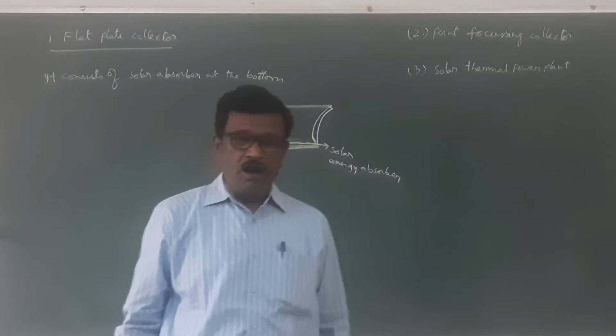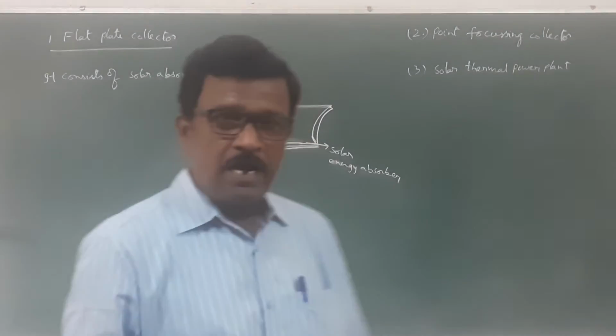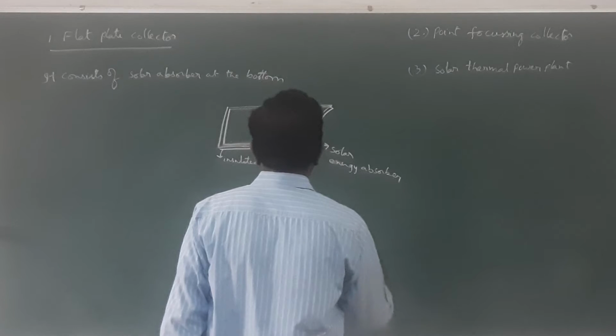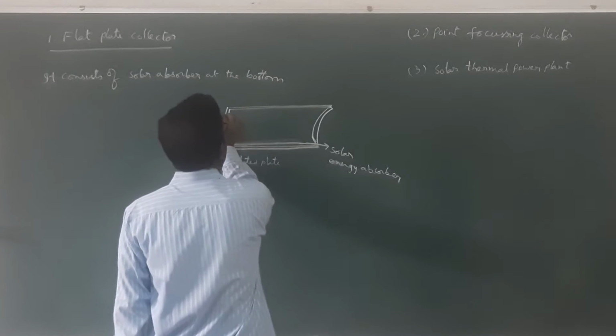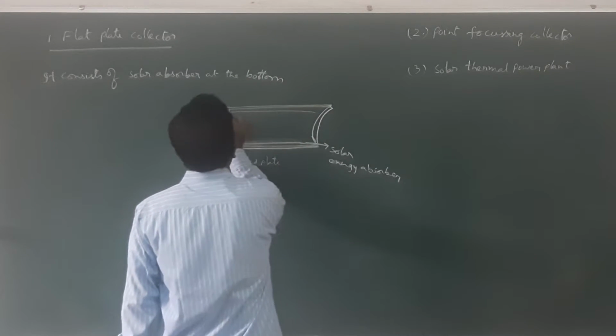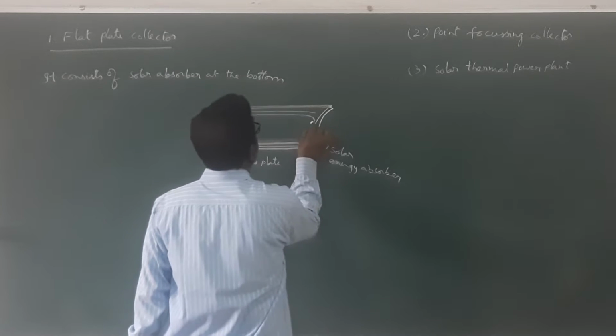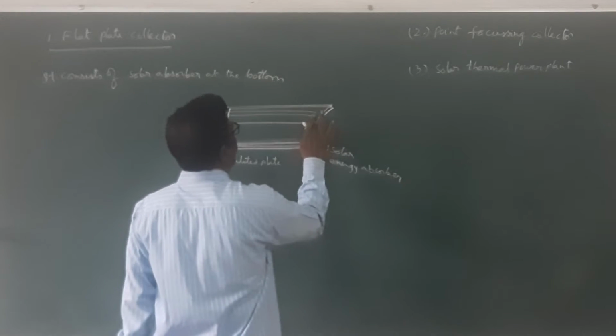Over this absorber, a metallic tube is circulated.